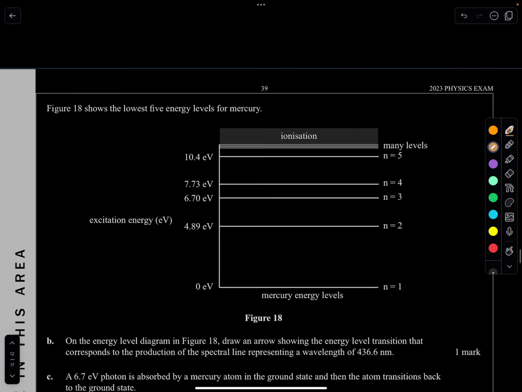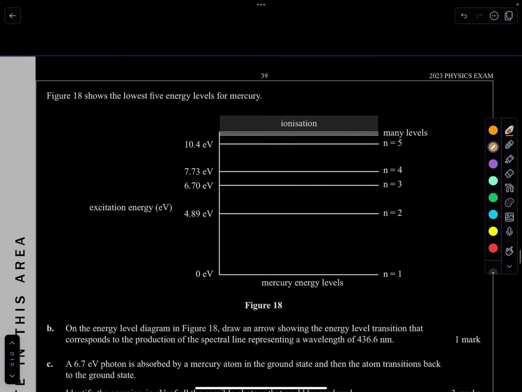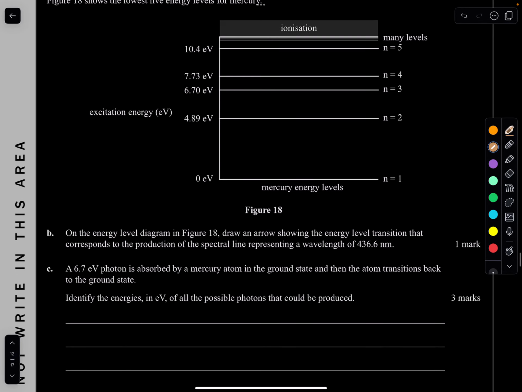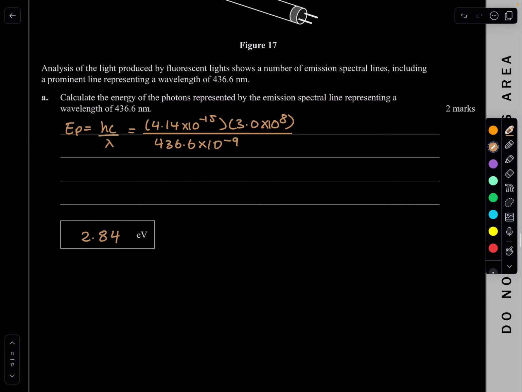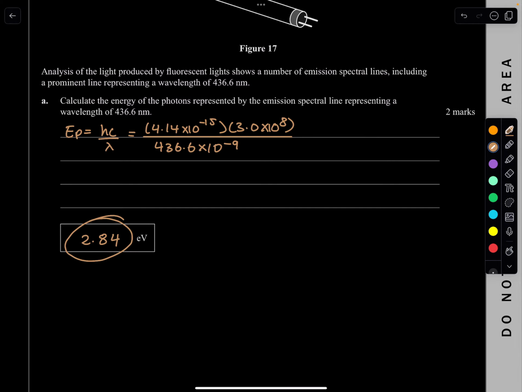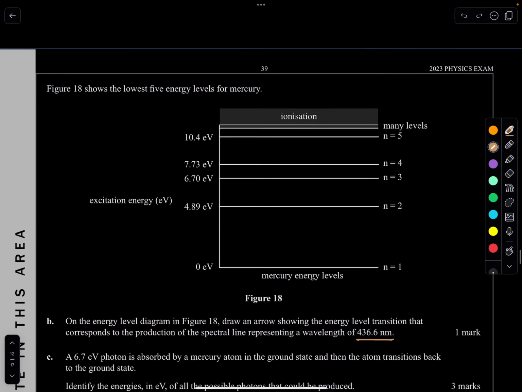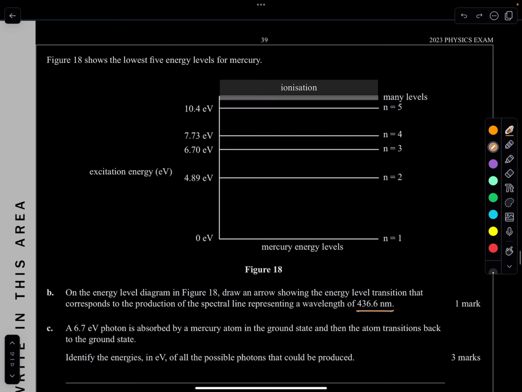Beautiful. Figure 18 shows the lowest 5 energy levels for mercury. On the energy level diagram in figure 18, draw an arrow showing the energy level transition that corresponds to the production of the spectral line representing the wavelength 436.6, the same wavelength as this. We already calculated the energy that would be released, so all we need to do is find which transition it is. Let's try 6.7 minus 4.89 first. Does that give you the same?